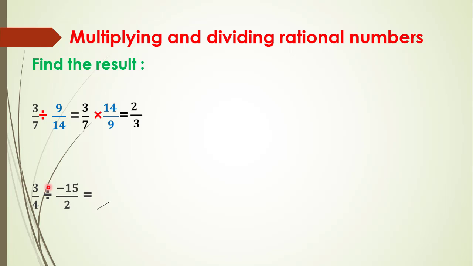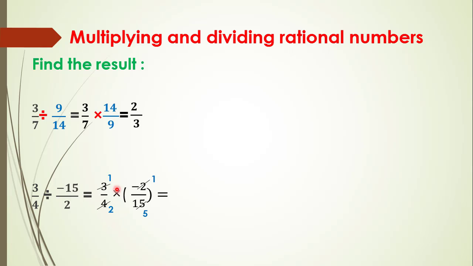Another one, 3 over 4 divided by negative 15 over 2. Don't forget the negative sign. The first step, I write the first rational number as it is, 3 over 4, then multiply and take the reciprocal, which is 2 over 15. And don't forget the negative sign. Now I can simplify. I can divide 3 by 3 equals 1 and 15 by 3 equals 5. 2 divided by 2 equals 1 and 4 divided by 2 equals 2.